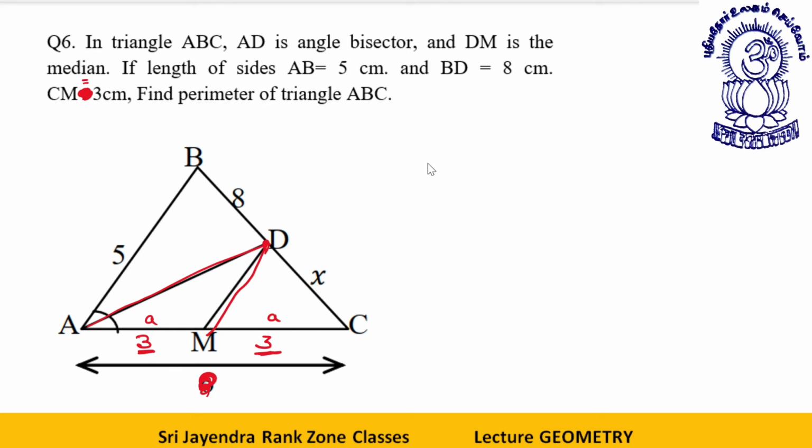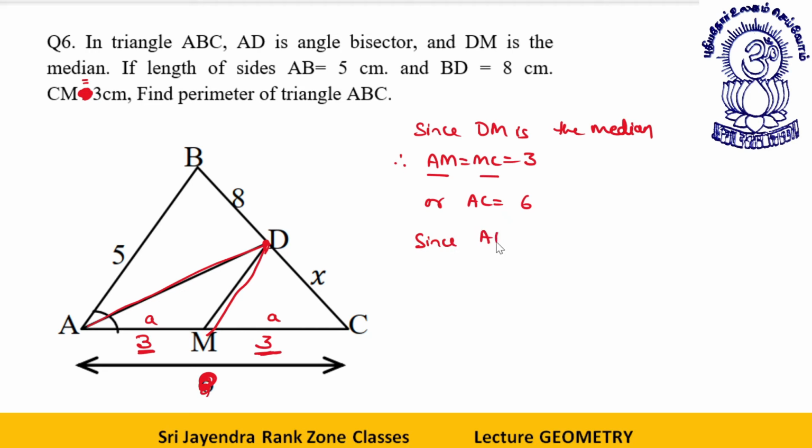Therefore AM is equal to MC is equal to 3. Since DM is the median, AM is equal to MC is equal to 3, or AC is equal to 6.